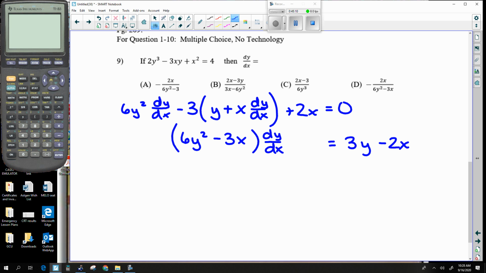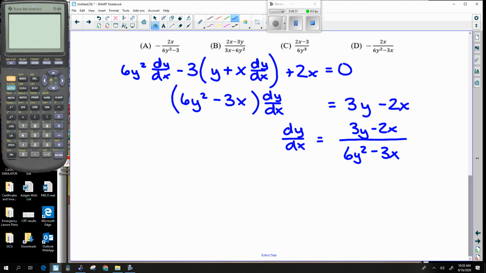Divide out. So dy/dx is equal to 3y minus 2x over 6y squared minus 3x. Now, that isn't an answer right now. It's close to option B, but it's not the same. And if you recall what I mentioned earlier, if this is truly your answer, it is the same thing as flipping all of the signs.